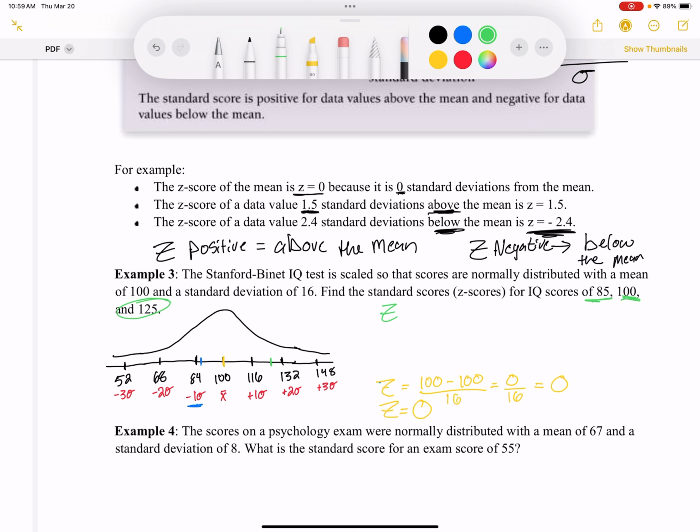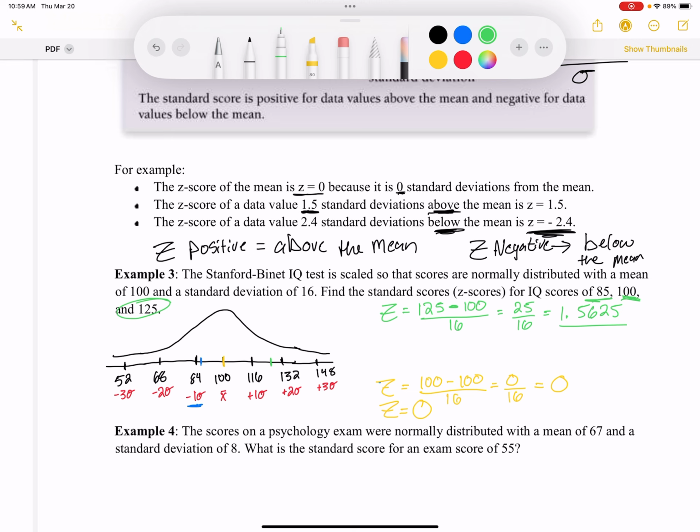All right. So we have 125, my data point, subtract my mean, and then divided by 16, which is 25 over 16, which is 1.5625.